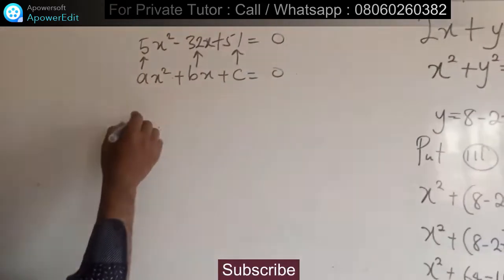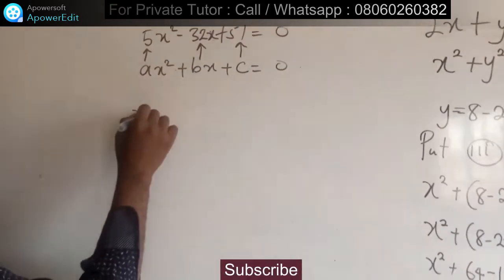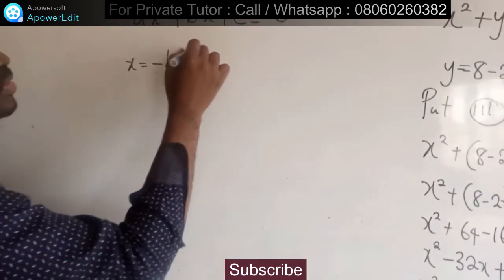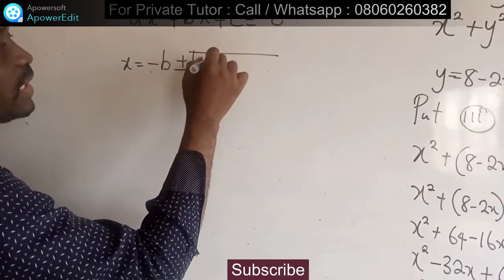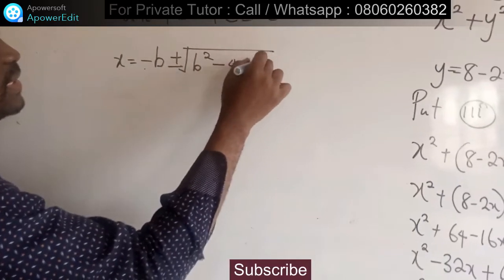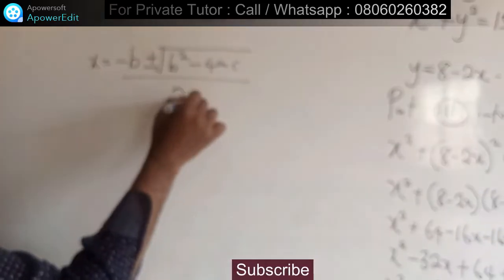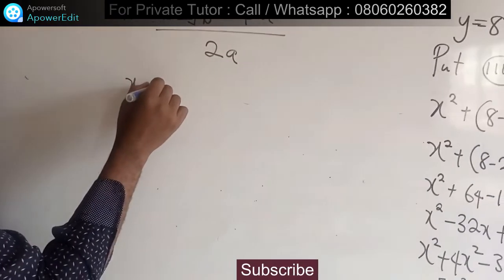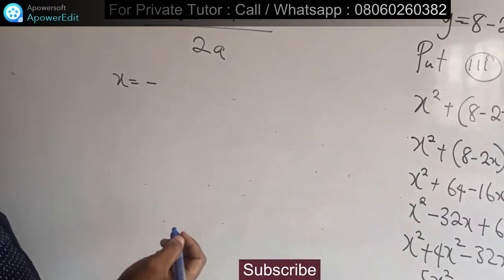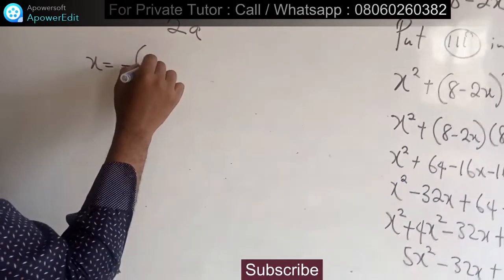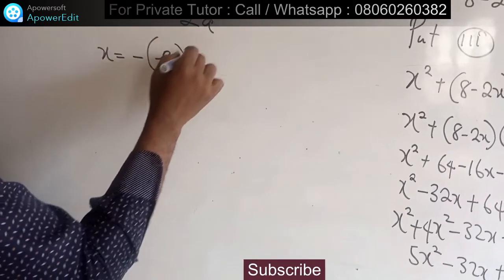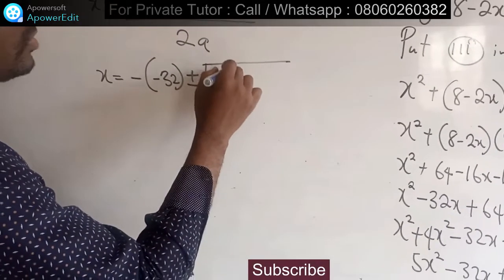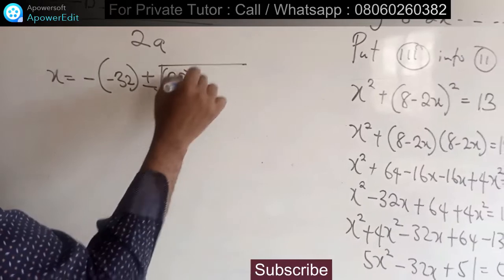So from here, this becomes x equals minus b plus or minus the square root of b squared minus 4ac over 2a. And from here, I can have this as x equals minus b, b is minus 32, into minus 32, plus or minus square root of, then this is minus 32 all squared.